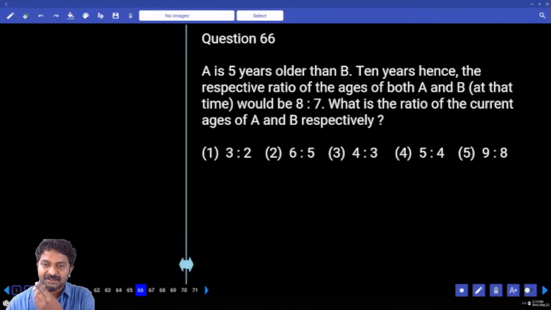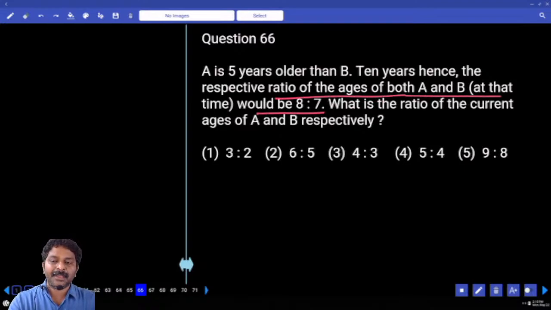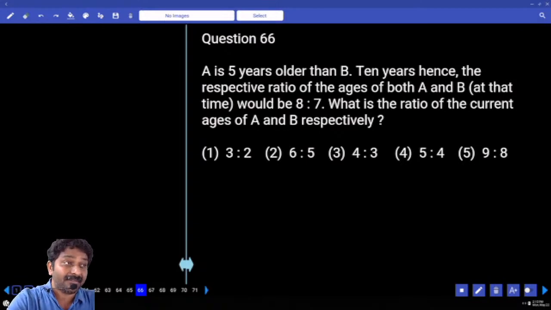Come on, 66 onwards. A is 5 years older than B. When is the age difference 5 years? Anytime, the age difference between two members must be the same. 10 years hence, the ratio of ages of A and B would be 8:7. Even after 10 years, the difference must be 5 years only.